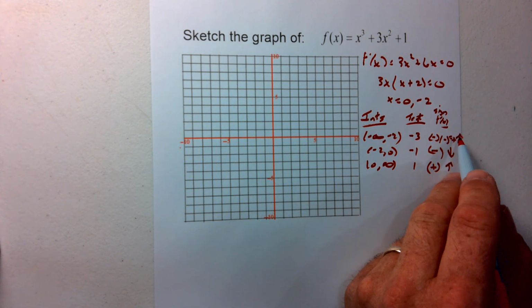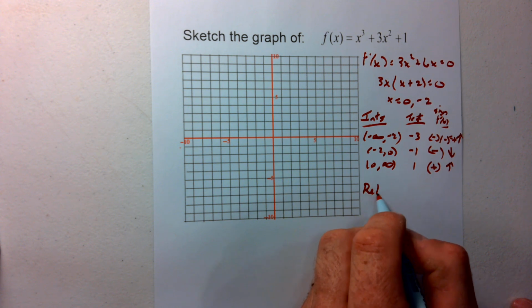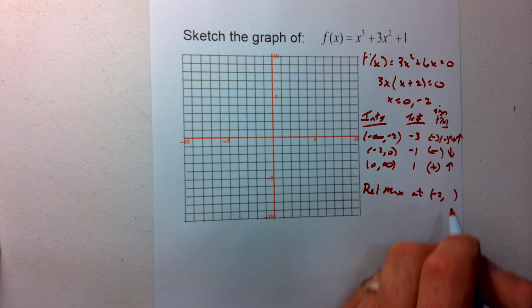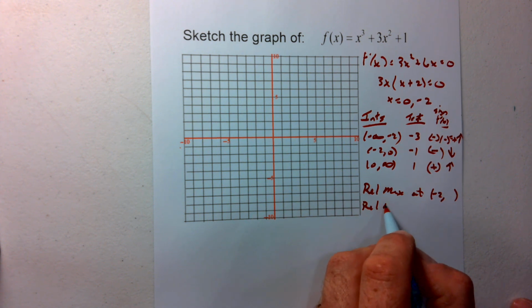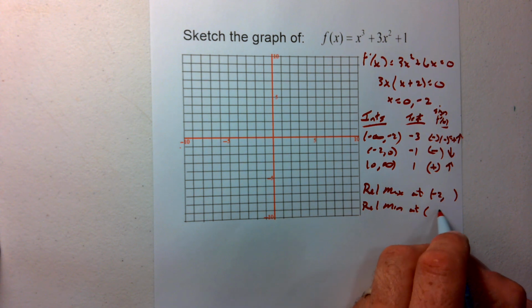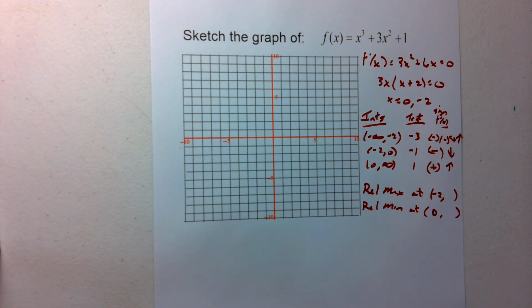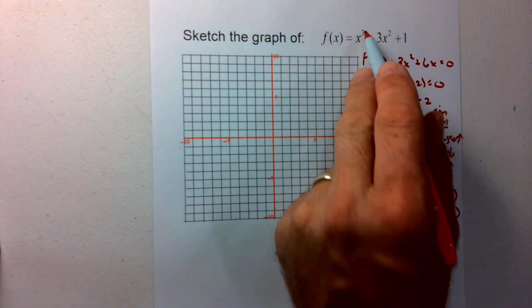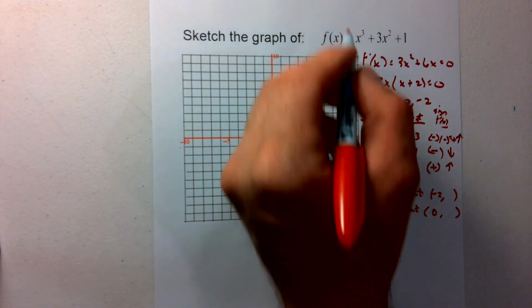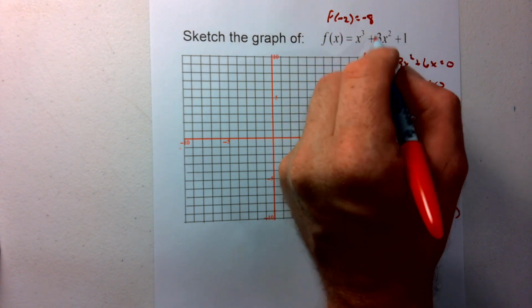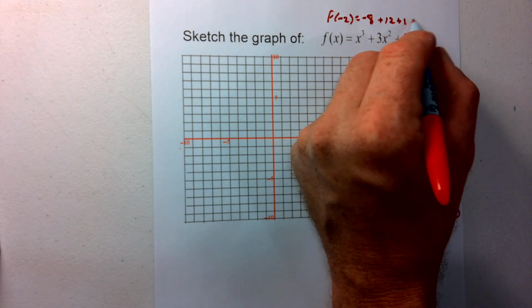So I have a relative max at the point negative 2 something, and a possible relative min at 0 something. So let's go ahead and plug those in and see what we get. f of negative 2 gives me negative 8 plus 12 plus 1.